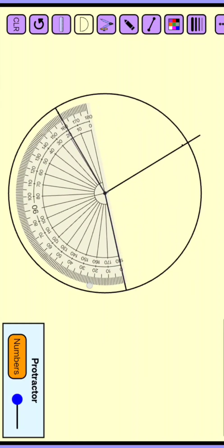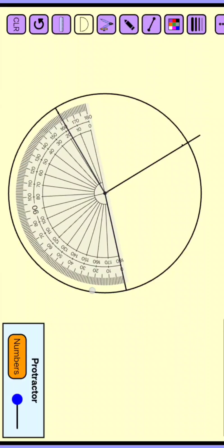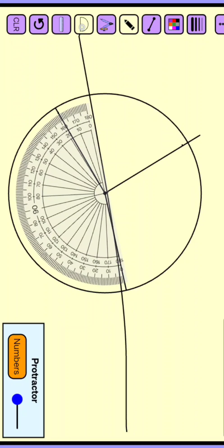See, I'm matching 0 with the first one. I'll write this one as A, so you'll have clarity. Let us take this as point A. So center to OA, I'm taking the OA line, which is matching with the protractor.